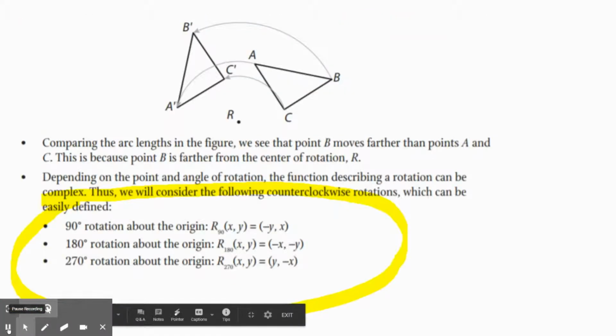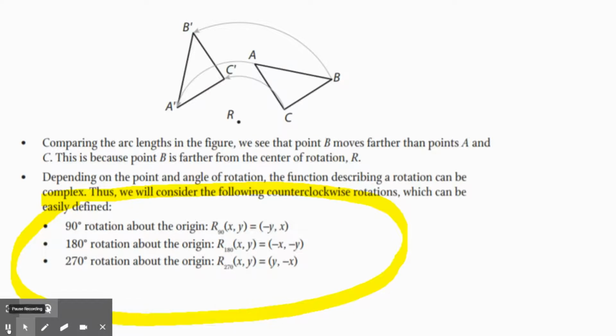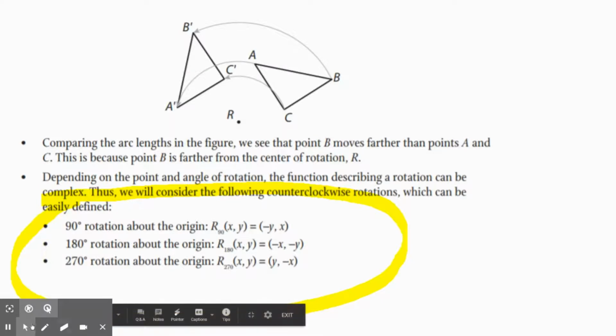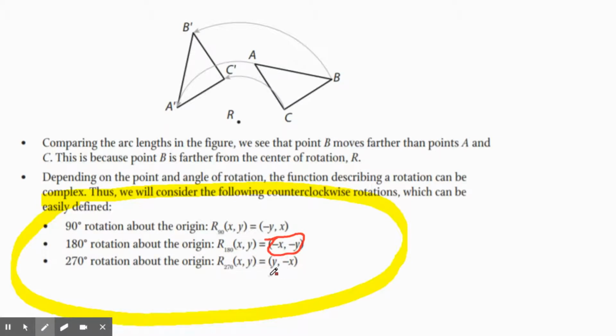And just like the reflection, it also has a formulaic way of determining where the image will end up. For a 90-degree rotation, you actually switch the x and y coordinate and make the y coordinate negative. 180 degrees, pretty easy. You just keep the x and y coordinates the same, but you take the opposite of both. And then you also have 270.